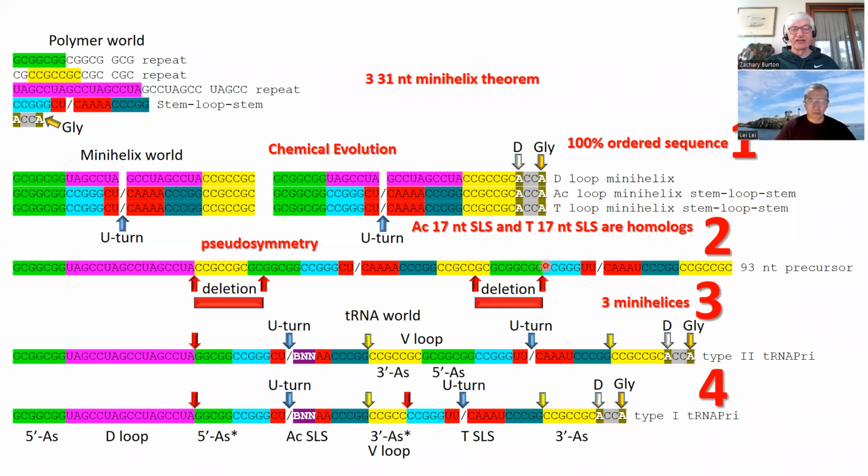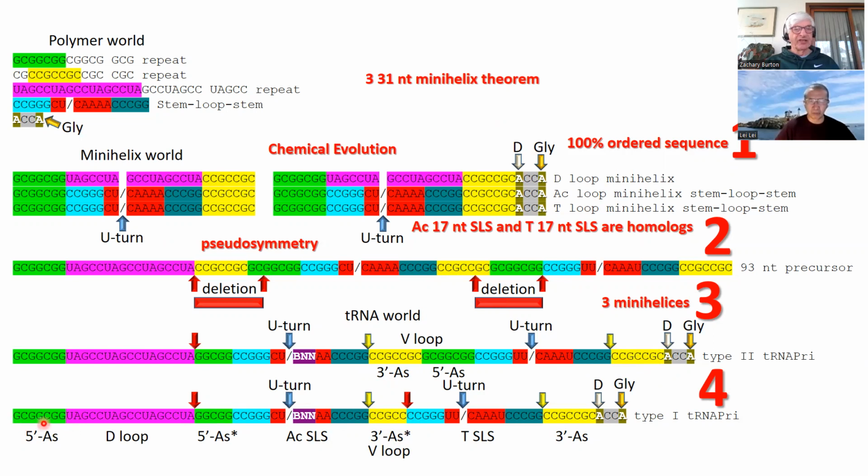So that's 7, and that's 7, that's 14. You delete 9, you're left with 5, CCGCC, CCGCC, CCGCC, like that.